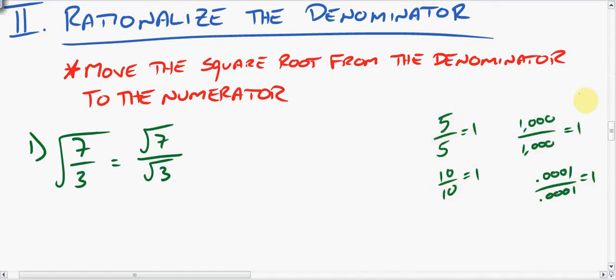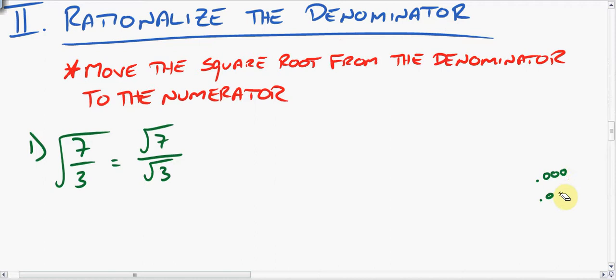So how do you know how you want to make 1 look? Well, it essentially is the number in the denominator. Square root of 3 is not a perfect square. You can't just take the square root of 3 and get a nice number, because the square root of 3 is going to be somewhere around 1.6, 1.7, something like that.